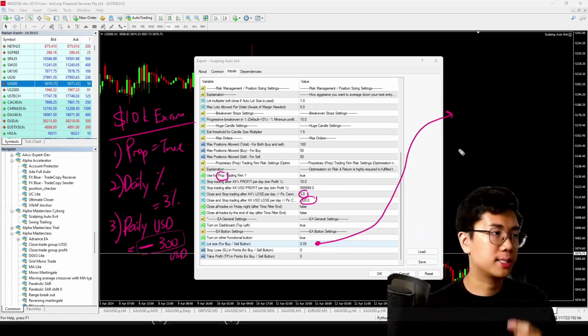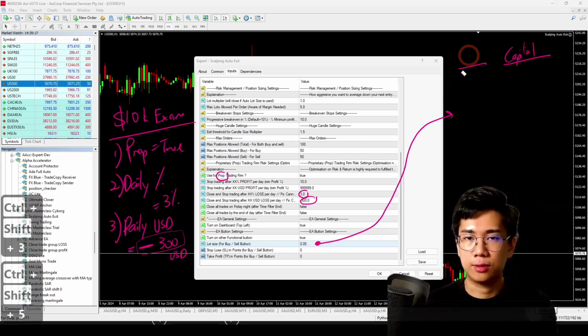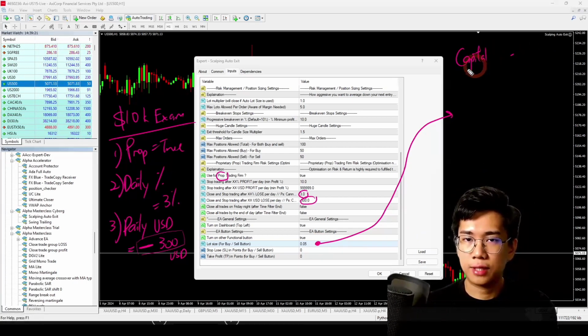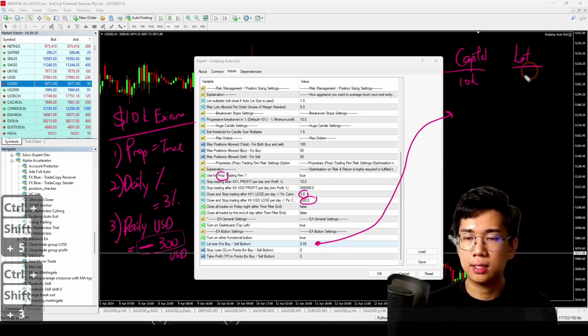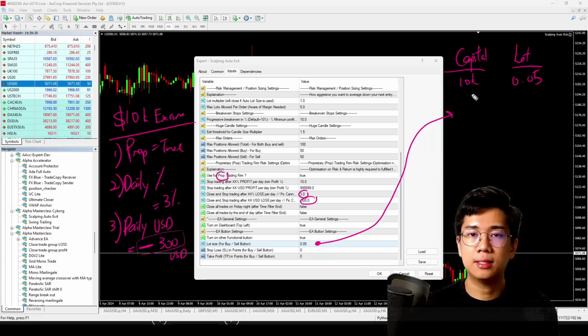So the lot size. How to set the right lot size? Now, the risk management standard is that it is based on your capital. If your capital is $10,000, then the lot size is 0.05. If your capital is 2,000, then your lot size is 0.01. Now here is the benchmark.